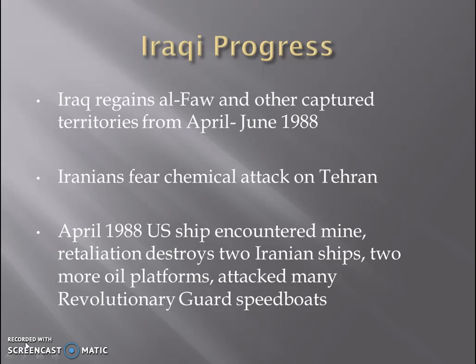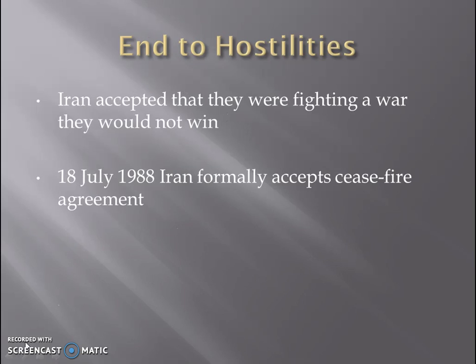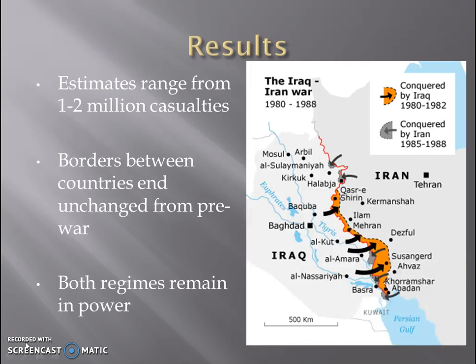They destroy 2 more oil platforms, and in addition, they're attacking a lot of the Revolutionary Guard's speedboats, which is really restricting Iran's abilities here. At which point they realized that they weren't going to win. Nothing had happened in years, and it wasn't going to go anywhere. And so on the 18th of July, 1988, Iran formally accepts the ceasefire agreement issued by the UN.